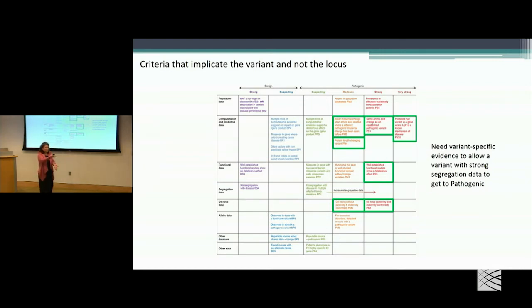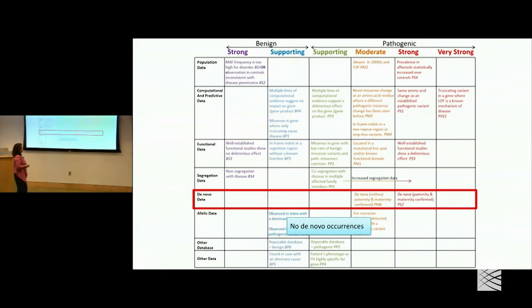And observing a de novo variant at that position is good variant-specific evidence, whereas linkage is really locus-level evidence, right? So we can say, okay, if you're using this at a strong level, then you have to use some of these to make sure your totality of evidence that gets to pathogenic ensures it's the specific variant impacted. So that's kind of how we're working on that. It's still kind of in development.